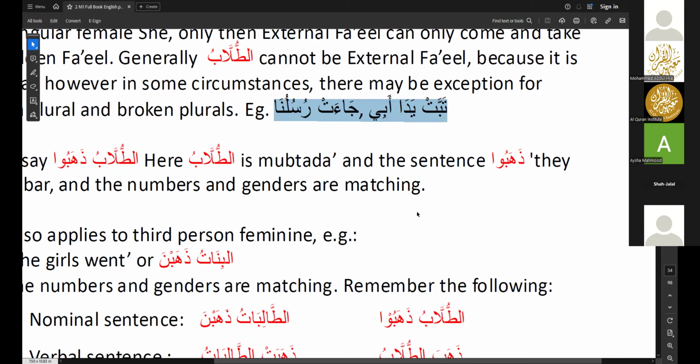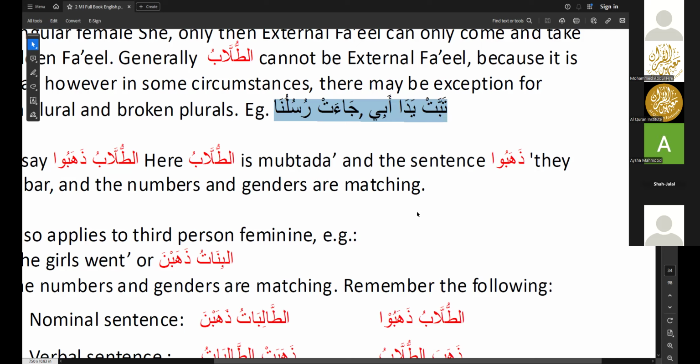Assume Lahab is there. Abu Lahab's hands perished. So by meaning, what is the fa'il here, brothers and sisters?